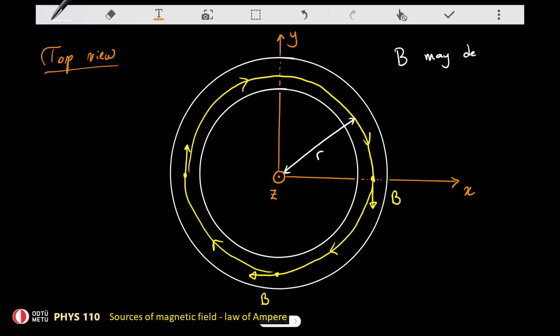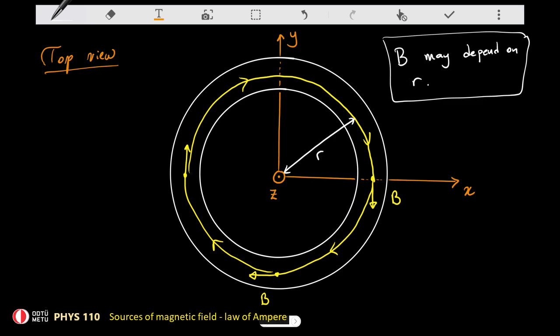We are going to see that it actually depends on r. May depend on r. So the direction is obvious, so let me not write down a statement about the direction, but the symmetry statement essentially gives us information about both the direction and the magnitude.